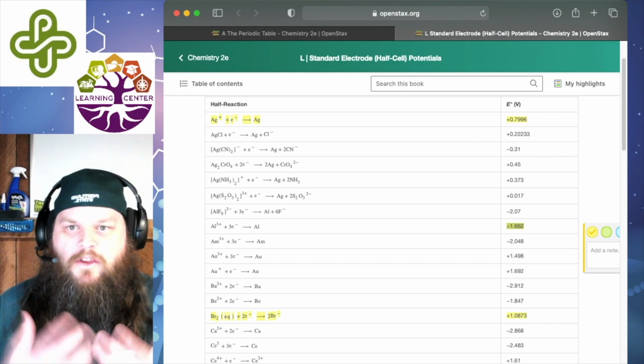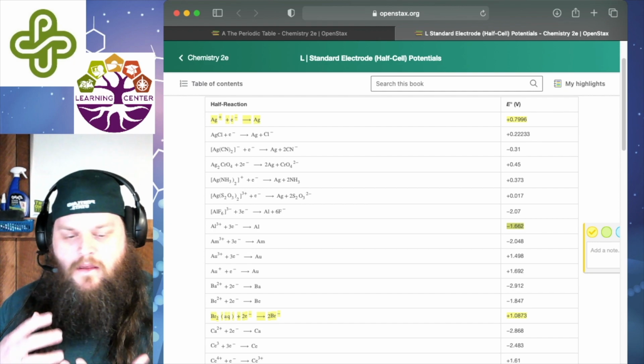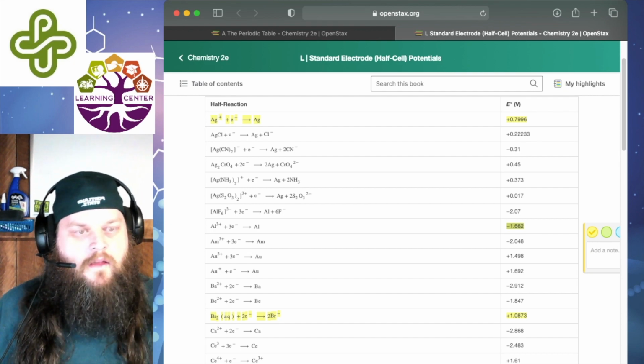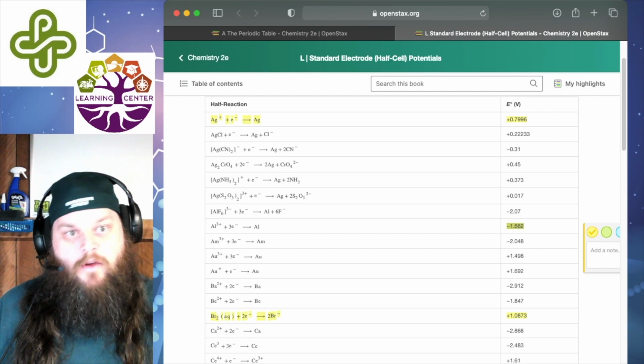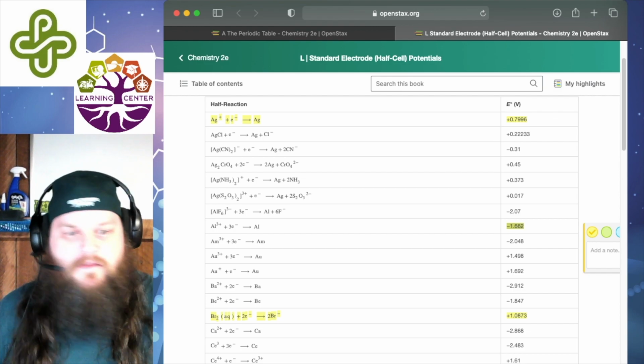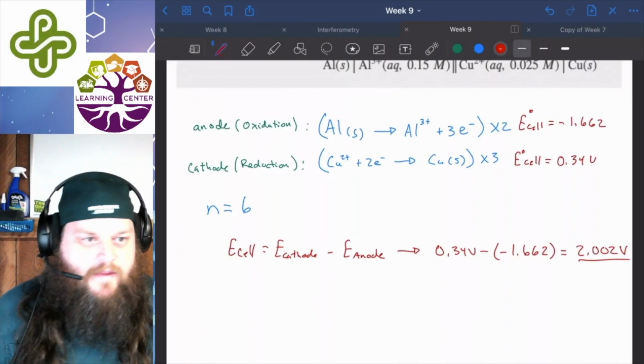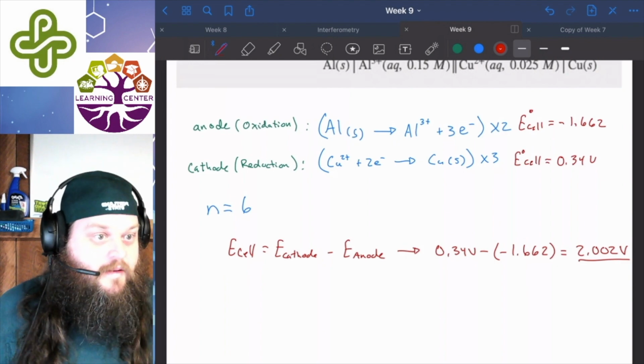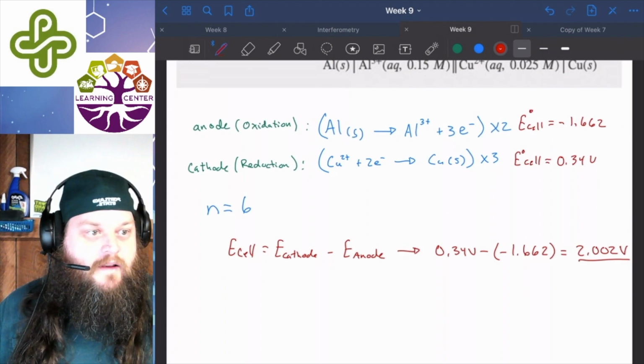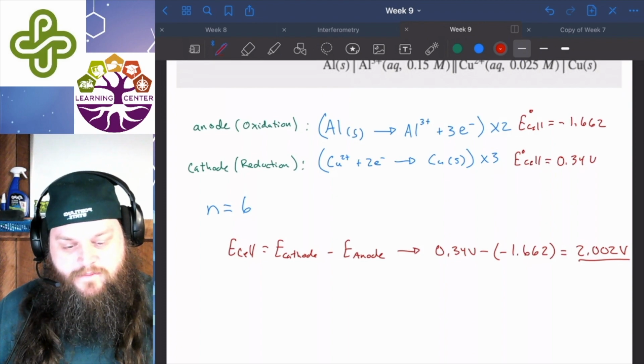Well, we know that the Q is going to be the concentration of the products divided by the concentration of the reactants. Oops. Switch back to my iPad there. So you can see I added up those values there and found our cell potential.